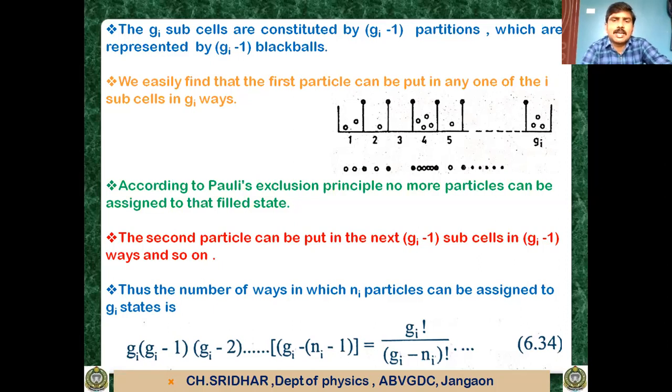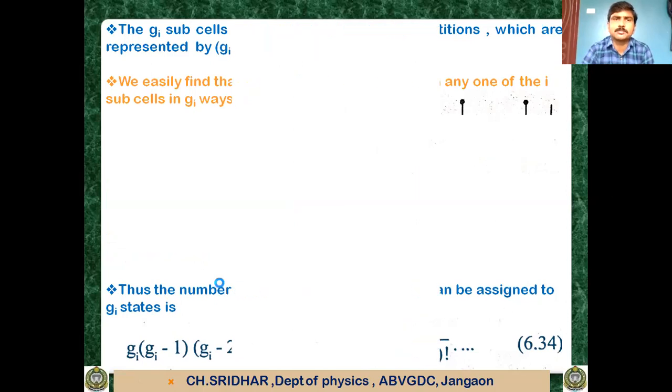Since the Ni particles can be permuted among themselves in Ni factorial ways, we have to remove those permutations from the total number of permutations. So Gi factorial by Gi minus Ni factorial is the number of ways in which Ni particles can be assigned to Gi states.